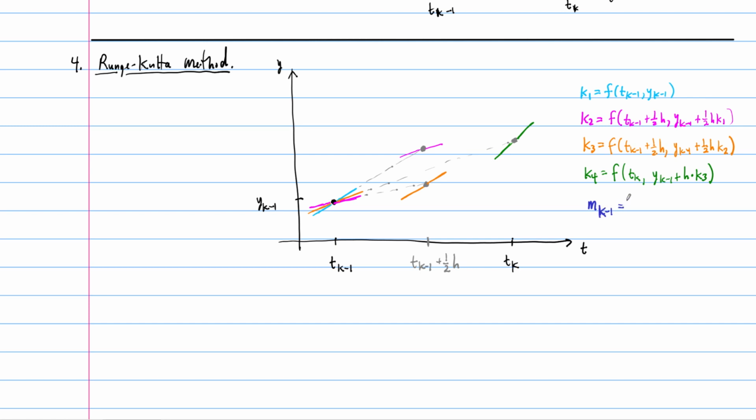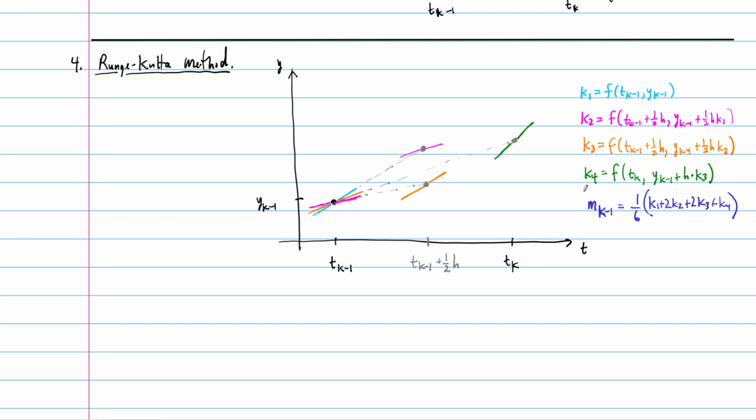So m_{k-1} is now going to be, since these are half steps, we need to double them. So this is then going to be k1 plus 2k2 plus 2k3 plus k4. And then for this to be an average, we need to divide by the total number of these. And there's now 6 of them, right? Because 1 plus 2 plus 2 plus 1. So it's 1/6 of all this.